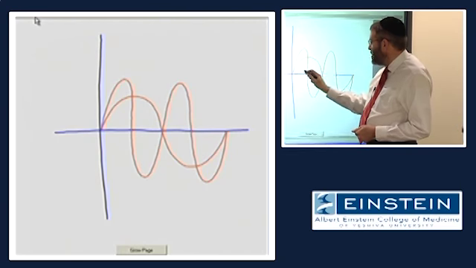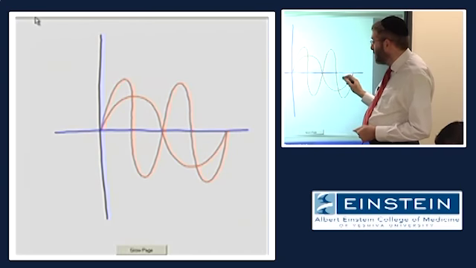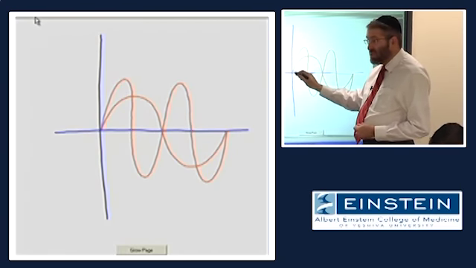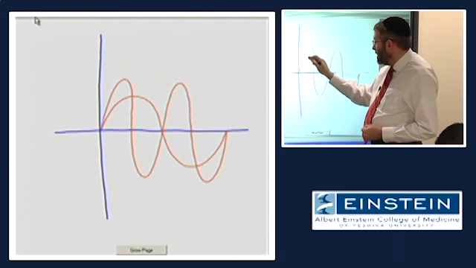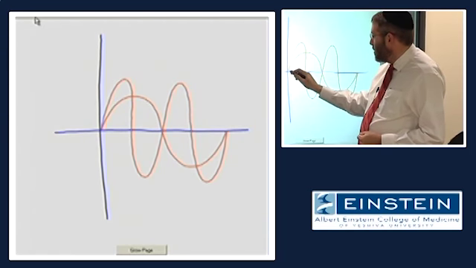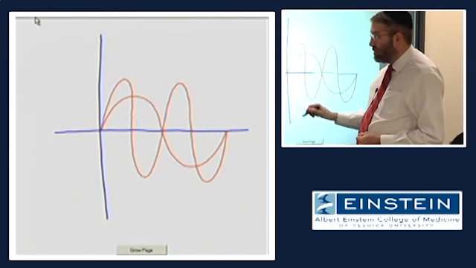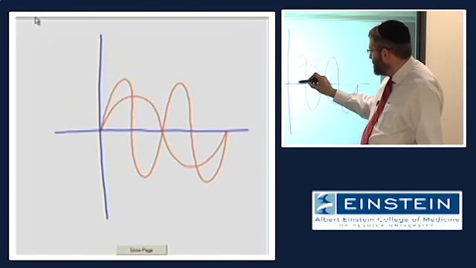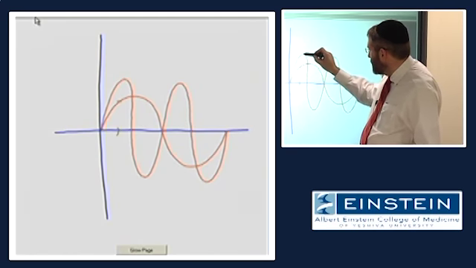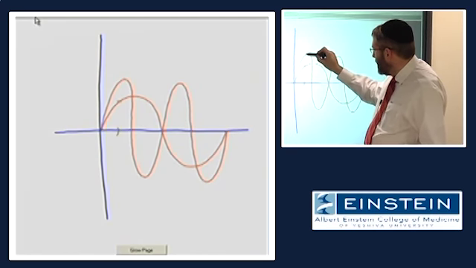If we take at each point along here the sum of each of the two components, both functions are 0 at this point. At this point we have this much and this much, so that's going to put us about here.